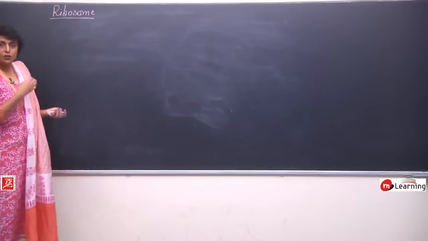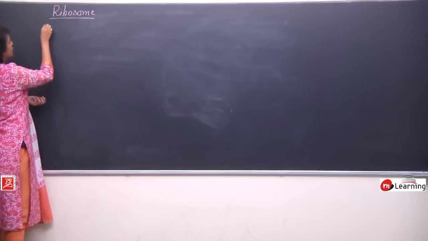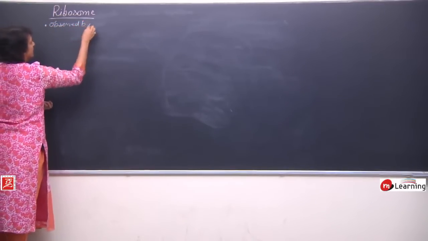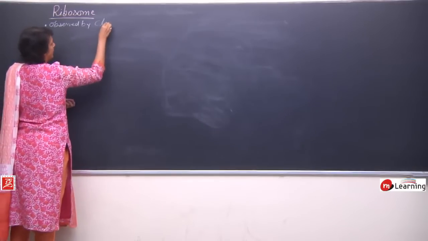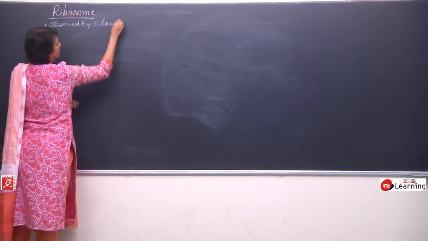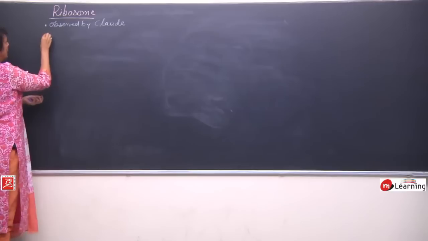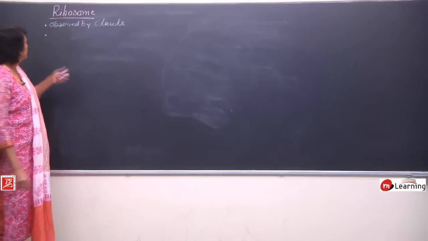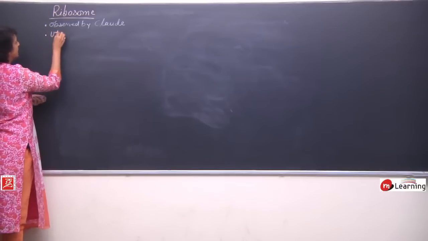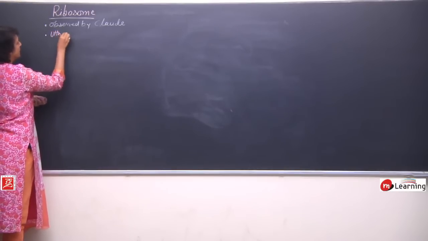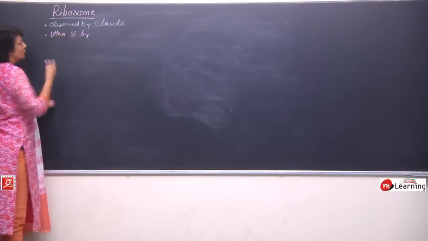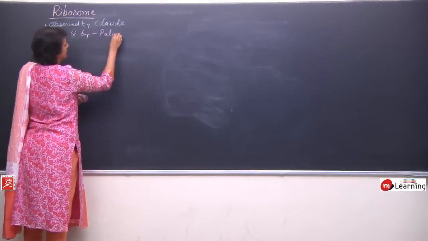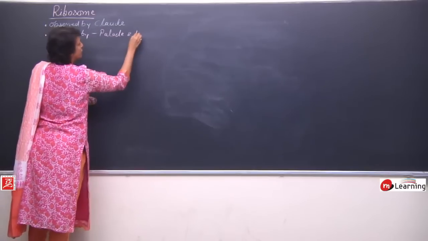The discovery or historical part first. It was observed by a scientist named Claude. Its ultrastructure, which we will be studying today, was given by two scientists, Palade and Cuff.